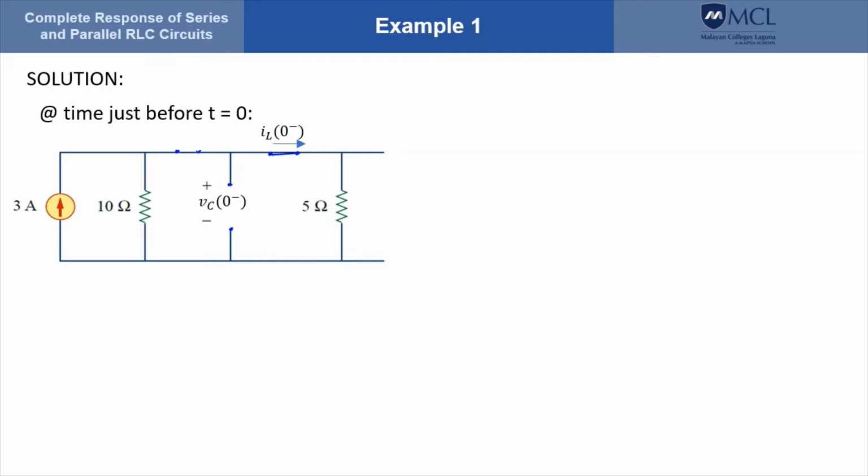And the voltage across the capacitor will be V sub C of 0 minus also. So what are the values of V sub C and I sub L just before t equals 0? That is the question there. Now take note that the circuit is at steady state.